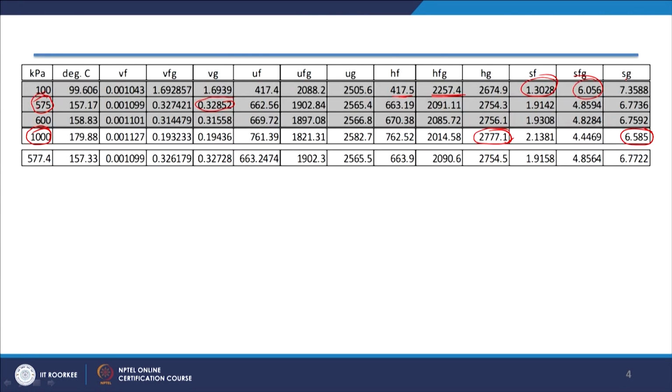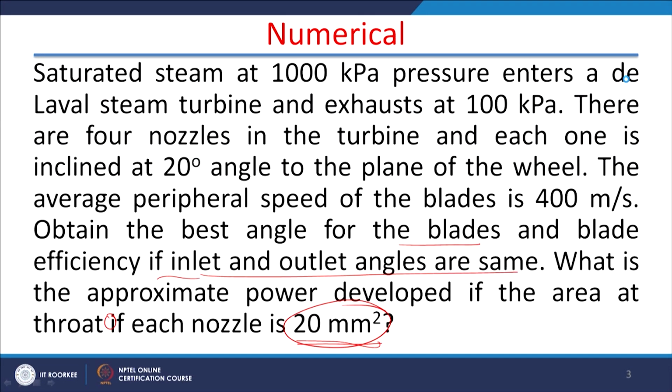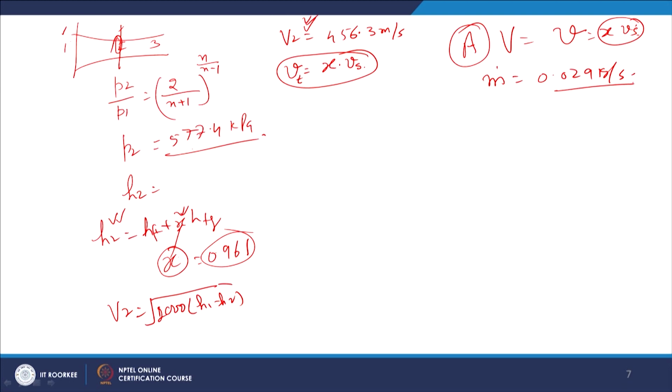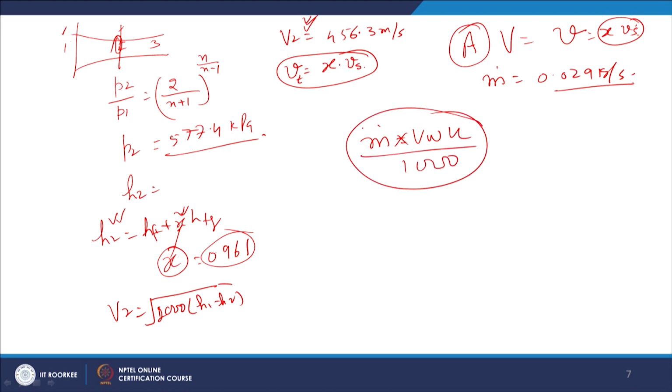Now, if you look at the numerical, how many nozzles are there? There are 4 nozzles. So, this mass flow rate is multiplied by 4, right. When multiplied by 4, we will get the gross mass flow rate. Then multiplied by Vw, which is known, and U, which is known, divided by 1000, we will get the output of the turbine.